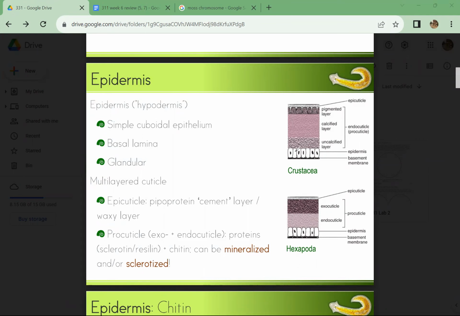Instead of doing that, insects have their actual cells that secrete layers of material that have different purposes. We have an uncalcified layer that's kind of spongy and absorptive, a calcified layer that provides strength, a pigmented layer that protects from UV radiation, and an epicuticle that is waxy.